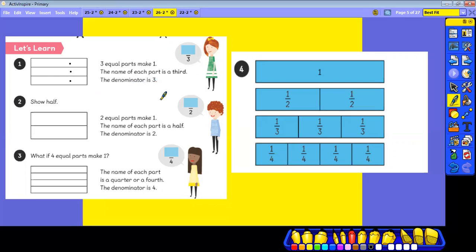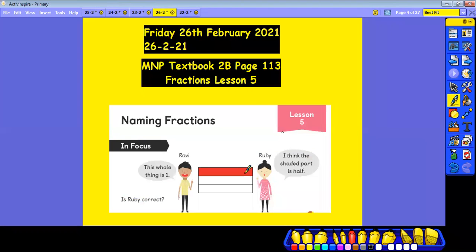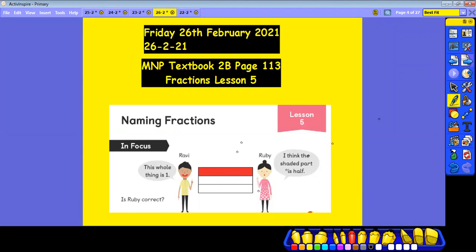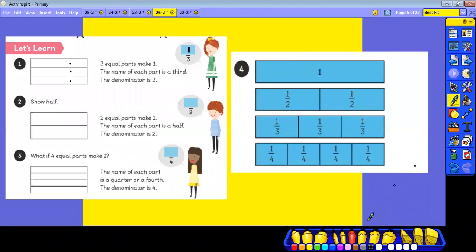If one part was shaded, like we have here, the numerator would be 1. So let me shade that in just like our original picture here. So I'm going to find a red if I can. Let me have a little look. There we go. So red pen.